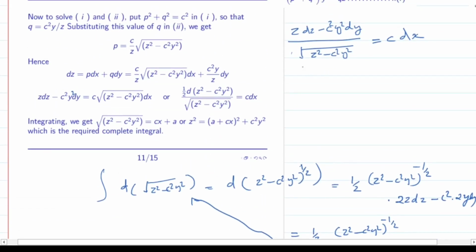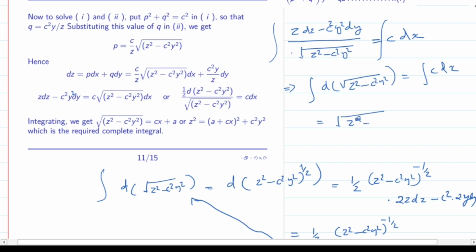So when you integrate, this implies the integral of the derivative of square root of z square minus c square y square equals the integral of c dx. So this becomes square root of z square minus c square y square equal to cx plus some constant.